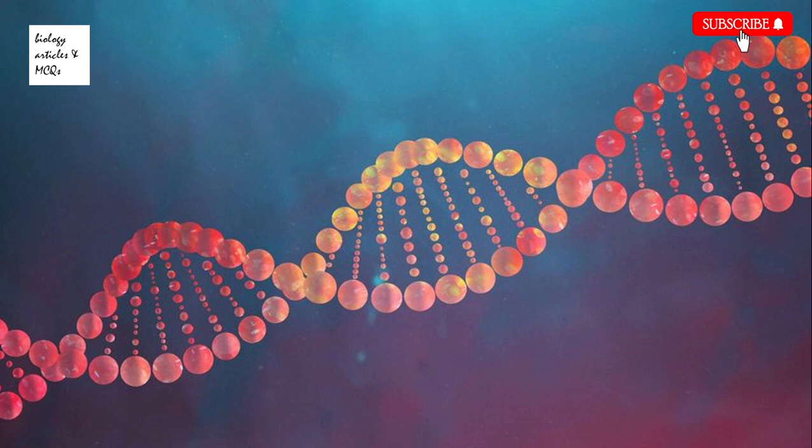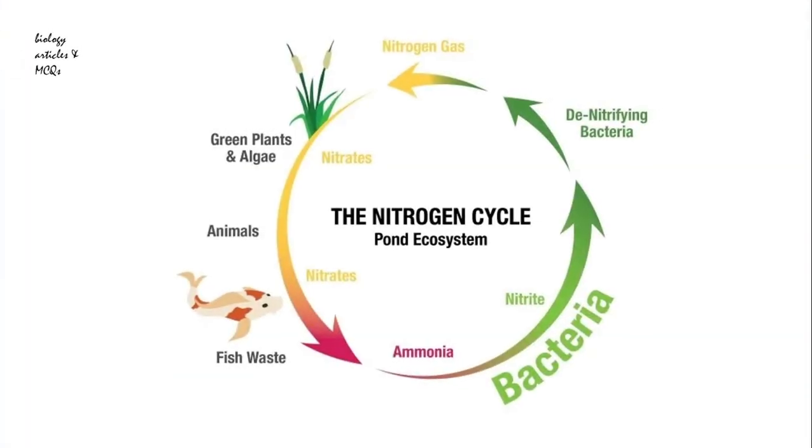So after this brief introduction of nitrogen, we will come back towards our main topic, that is the nitrogen cycle. The nitrogen cycle is a series of processes in which nitrogen moves from the non-living things towards the living things, and from the living things towards the non-living things, or vice versa.